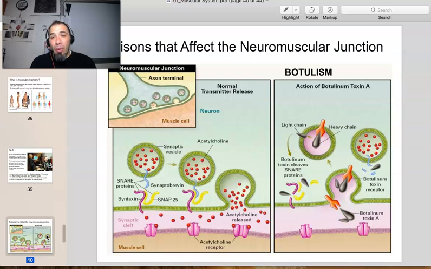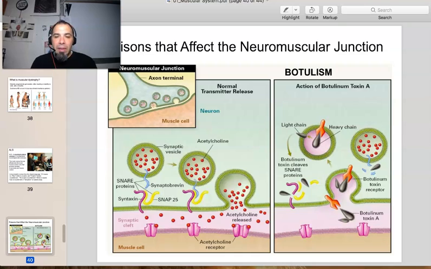Always interesting as we talk about poisons that affect the neuromuscular system. We don't have time, but there's botulism. If you hear about people getting Botox, they're essentially getting a neurotoxin injected into their face or armpit or whatever. On the left is the typical normal transmitter release. You have your neuron, you've got your acetylcholine, which is in red. You have the syntaxin and SNAP25, they're called snare proteins, right?